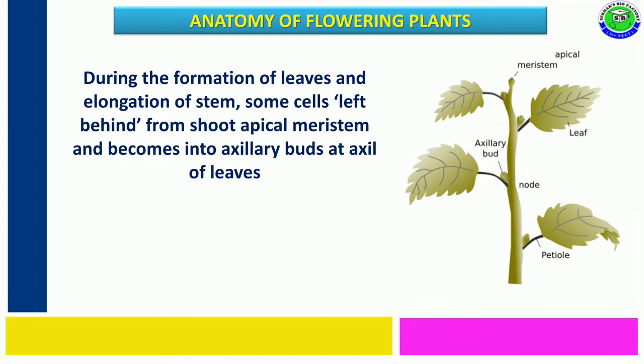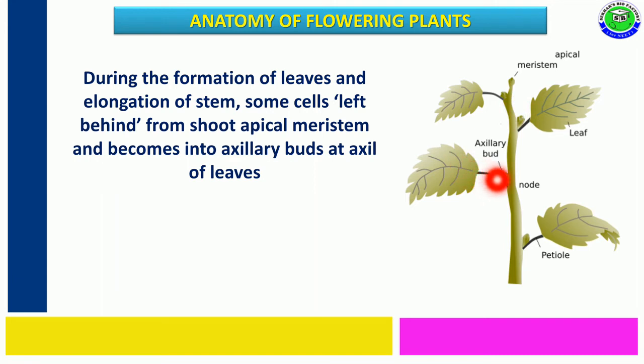So during the formation of leaves, when the stem is elongated, some of the apical meristematic cells present at the tip are left behind, and then they enter into a small bud present at the axil of the leaf, called the axillary bud.